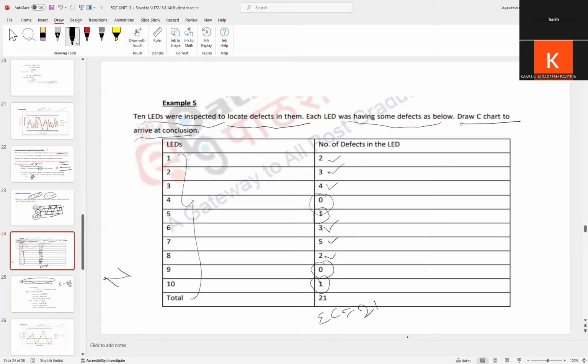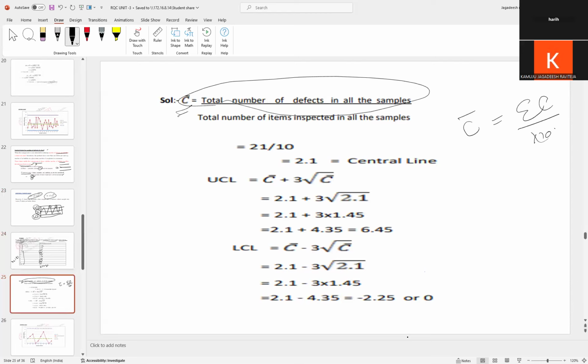Therefore, the value of capital N is 10. So C bar is equal to sigma C divided by capital N, which is 21 divided by 10, giving 2.1. So therefore, the center line lies at the point 2.1.